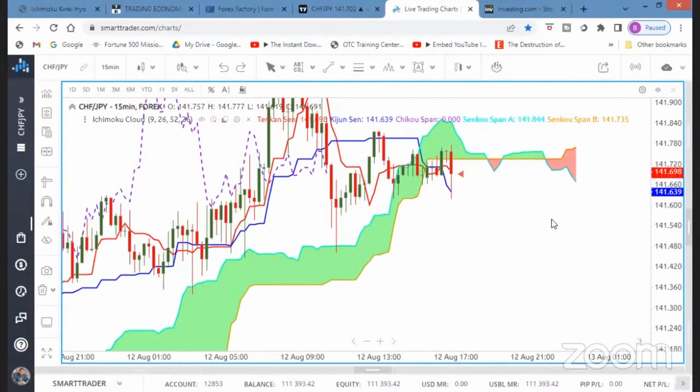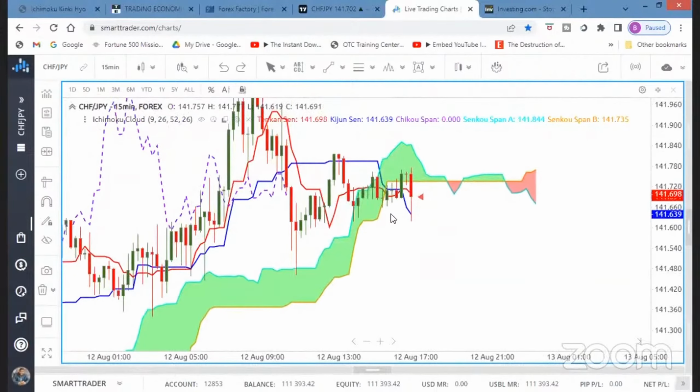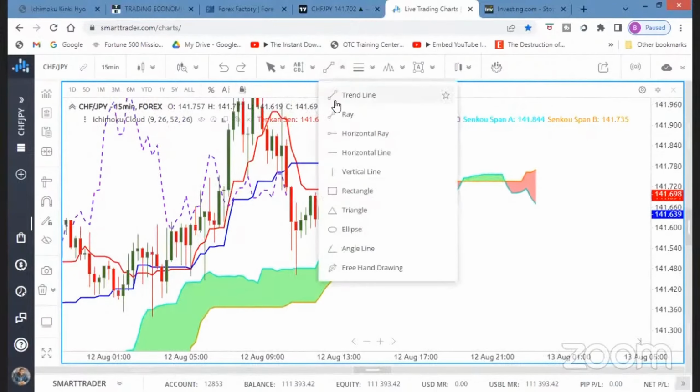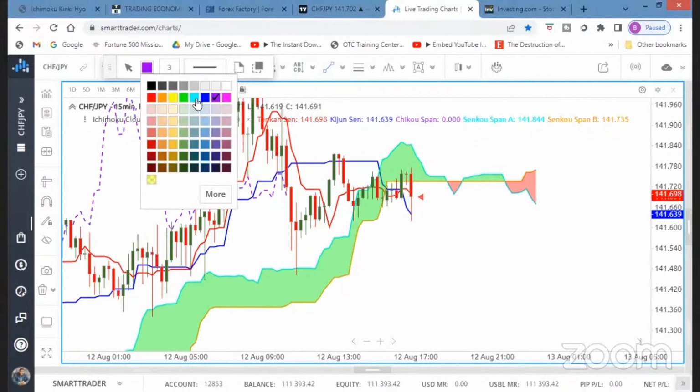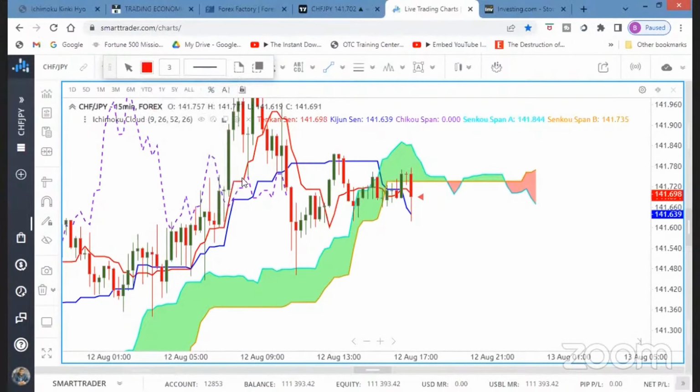Okay. So then think about it, right? You remember, if you watch the videos and you've been on some of the sessions, we talk about the stair step for support and resistance. Look, see how it's moving down.